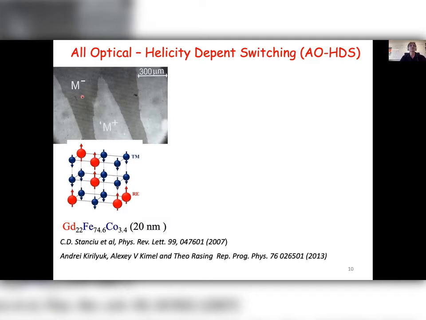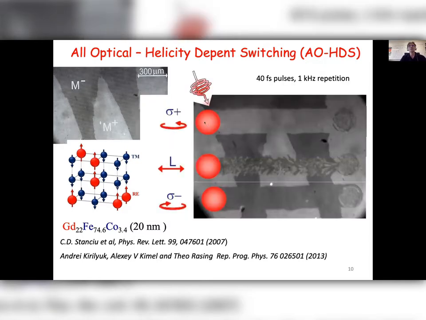One magnetization is up, the other magnetization is down. By sweeping a laser beam with one helicity or the other, you are able to write information, to reverse the magnetization in one direction or the other. And if you have a linearly polarized beam, which is a combination of both, then you have a multi-domain state.